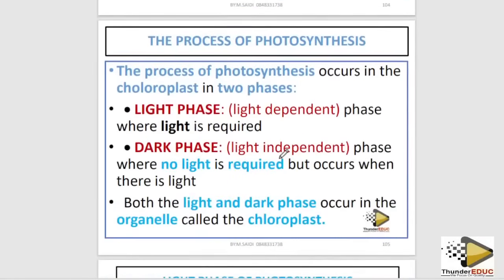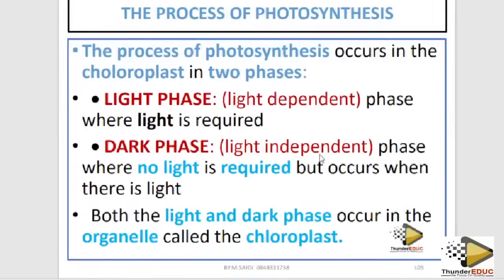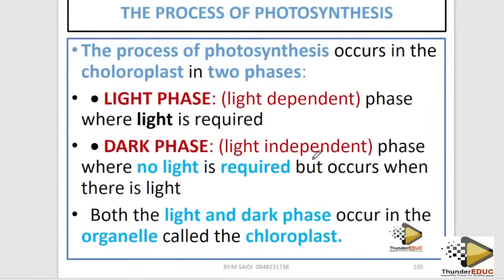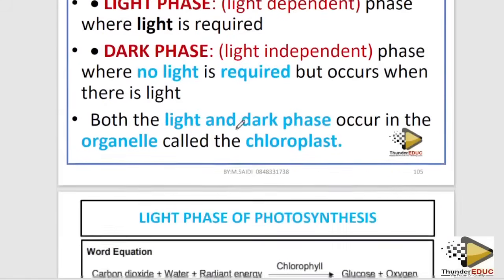Let's go to the light-dependent phase, the phase which requires the light, and the dark phase, what you call the light-independent phase, the phase that doesn't require light. What happens in the light phase and what happens in the dark phase?